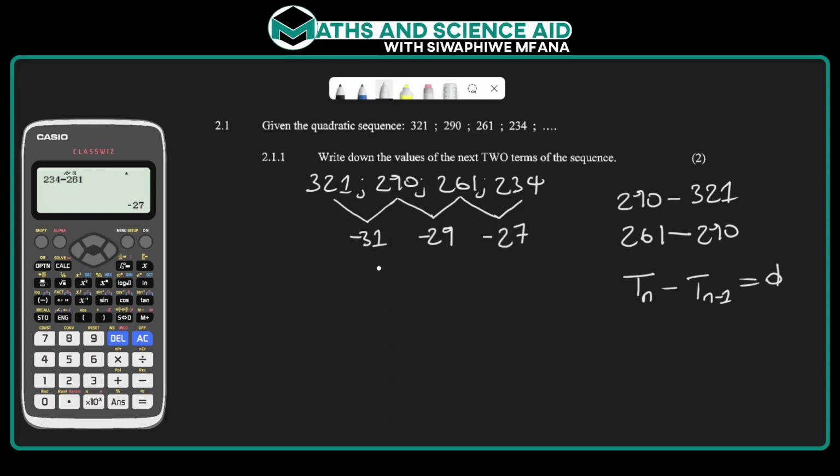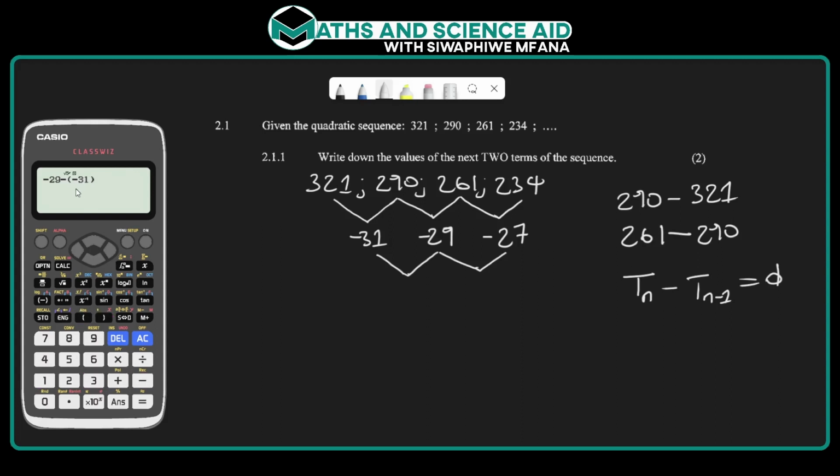Okay, and so now we can also find the second difference from the first difference. And it's the same thing even here. So for the first two consecutive terms, we will have a difference. So we say negative 29 minus negative 31.